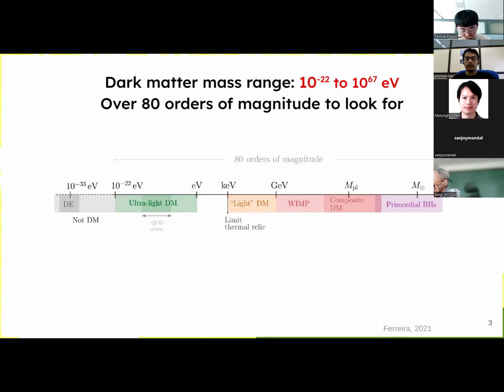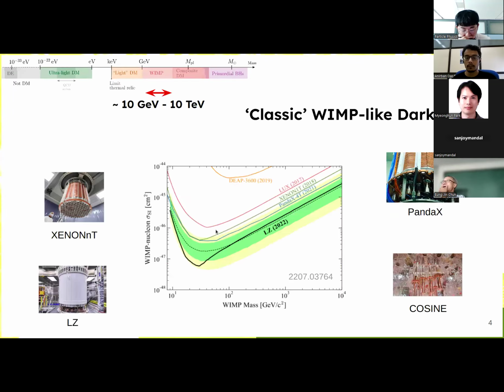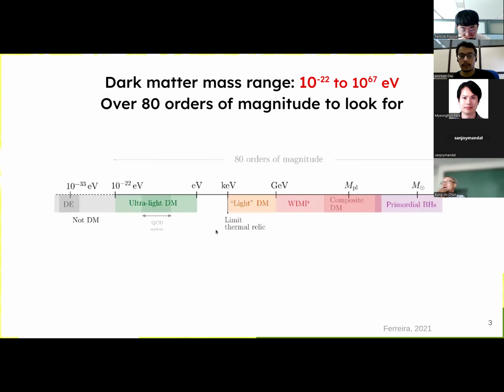The total mass range which is valid today spans over 90 orders of magnitude, starting all the way from 10 to the minus 22 electron volt to tens or hundreds of solar masses. The dark matter candidates are also very different in different mass regions. By the way, if you have any questions, feel free to stop me anytime. I'd be happy to take questions.